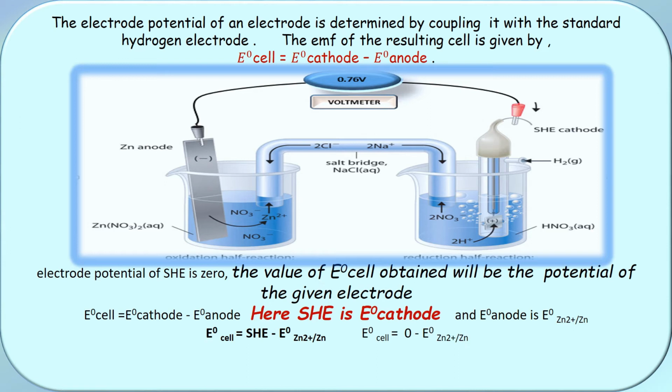By convention, we give it a 0 value. Since SHE is 0 volt, E0 Zn2+/Zn is nothing but minus E0 cell, or the standard electrode potential of zinc is minus 0.76 volt.